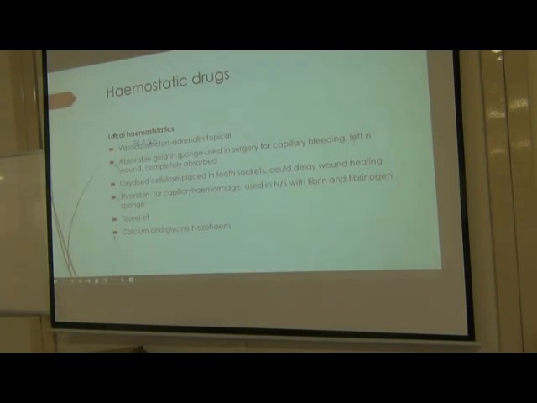Absorbable gelatin sponge can be applied to surgical sites to stop capillary bleeding. It can be left in the wound to stop the capillary bleeding, and you don't have to wait for the natural clotting process to come in. You want to ensure the patient doesn't lose too much blood, so you introduce a hemostatic drug to quickly stop bleeding in such cases of surgery.